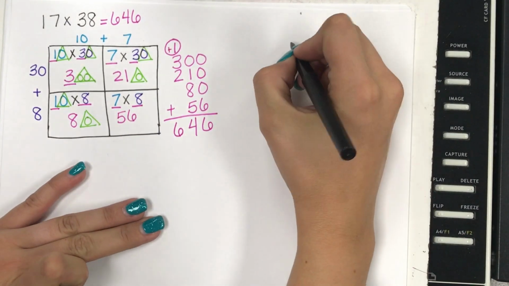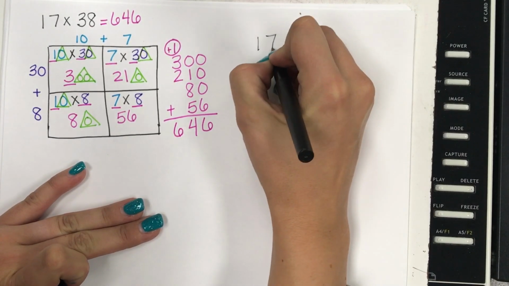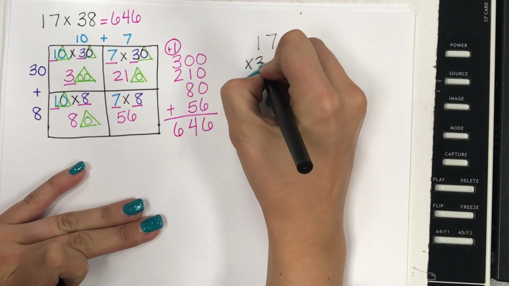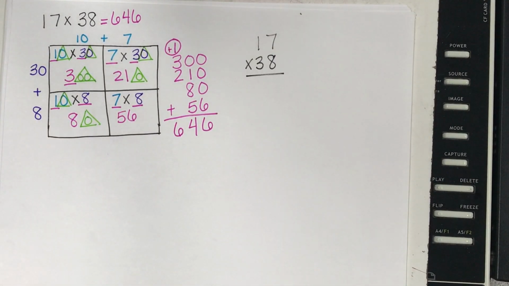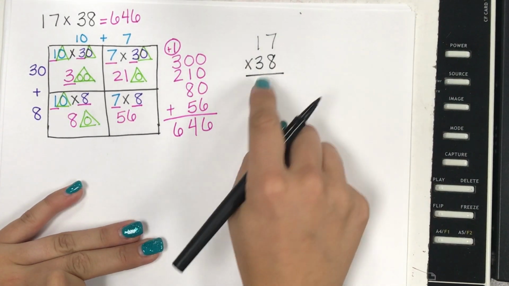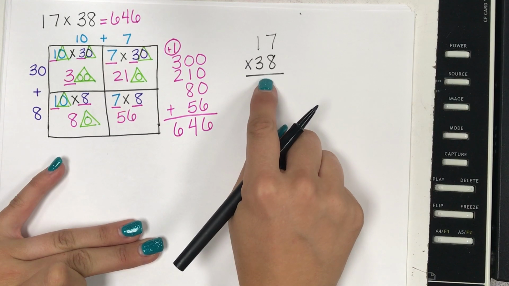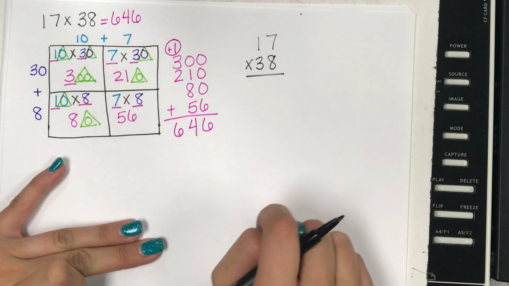I'm still going to do 17 times 38, but I am going to show you the steps I want you to do it in. You are going to have several lines underneath here.